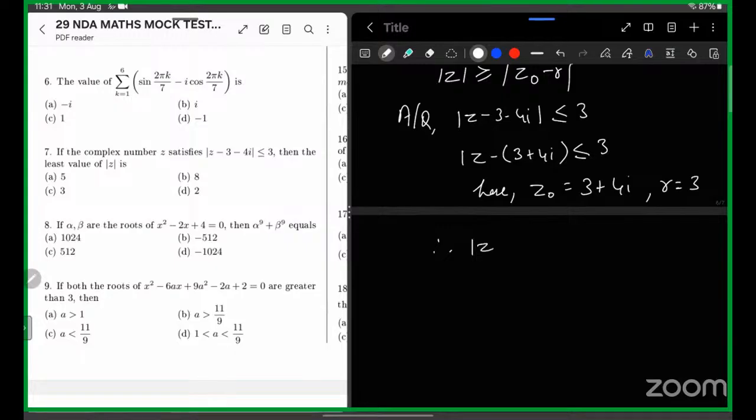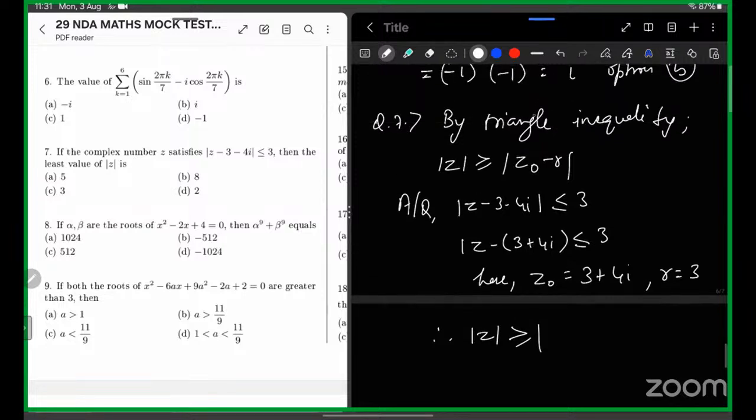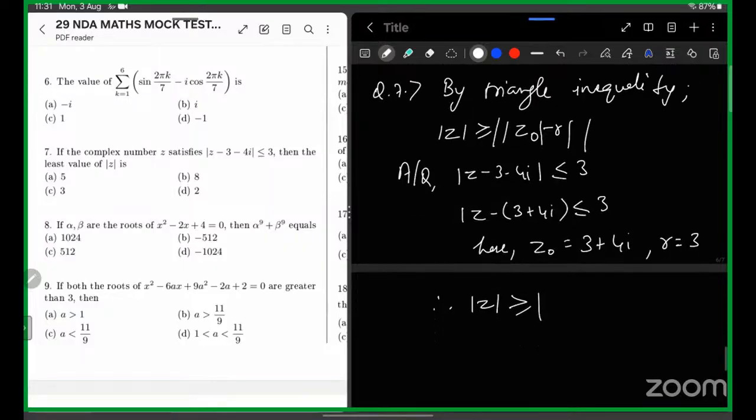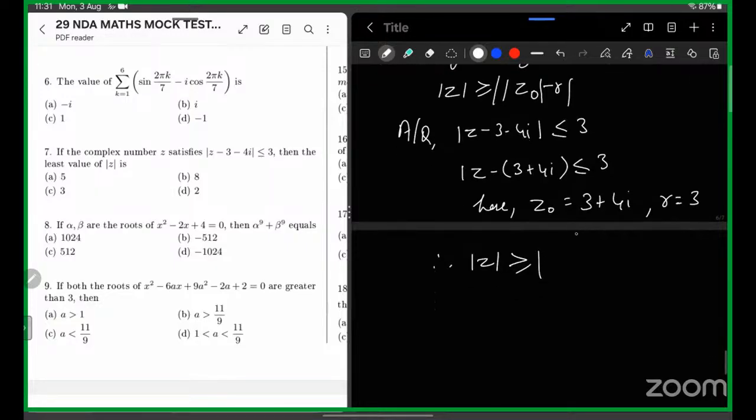Therefore, mod z will always be greater than equal to mod of z naught minus r. Mod of z naught and whole mod of r, like this. Okay, this will be the final. Now, what is the value of mod z naught? It is root under 3 square plus 4 square, real part square plus imaginary part square, minus what?